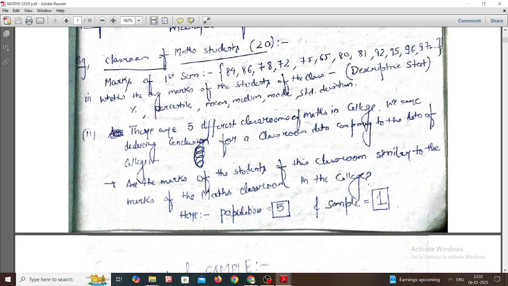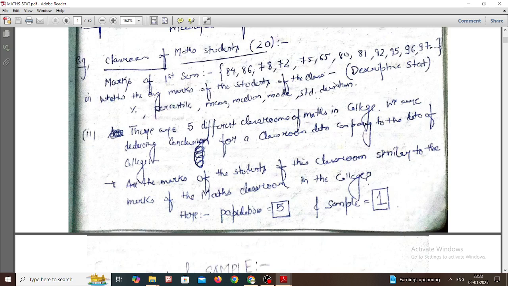Since we have the total number of students as 20, we divide by 20, and so we will have the average marks of the students of the class. Likewise, the question might be asked in terms of percentage, percentile, mean, median, mode, standard deviation, and so on. So all these are questions for descriptive statistics.